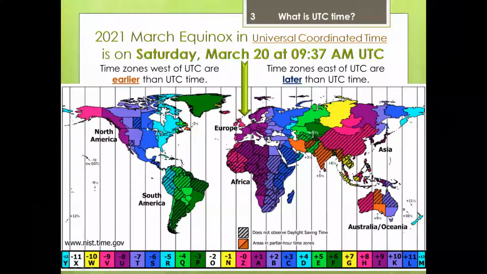It would be 6 o'clock in the central, or am I getting mixed up already? Anyway, this area right here is central. There's an area here in Saskatchewan that doesn't do time zones, so that would be 7 o'clock and then 8 o'clock in the morning, okay?